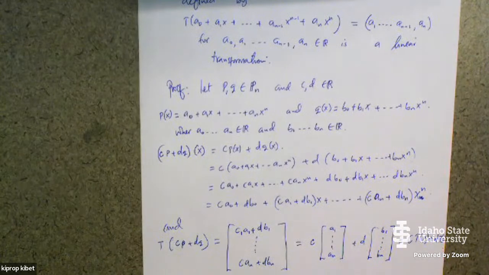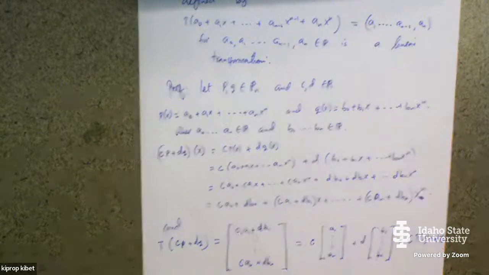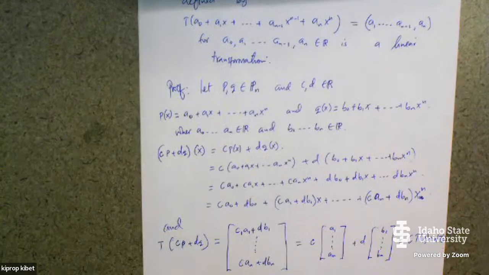So that shows that this is a linear transformation, from Pn to Rn.